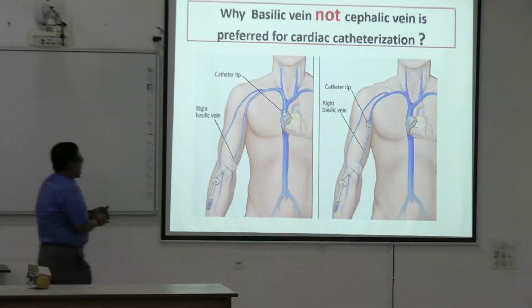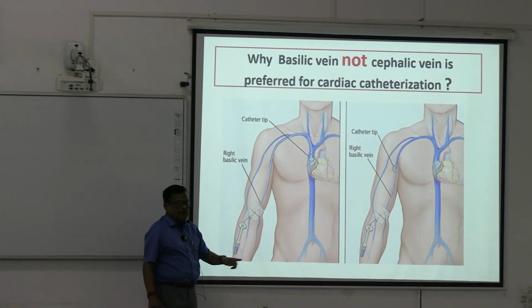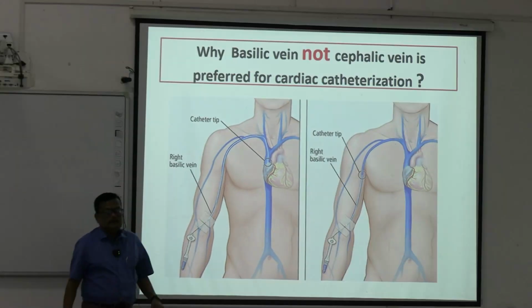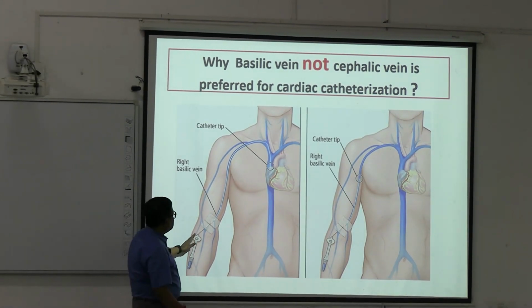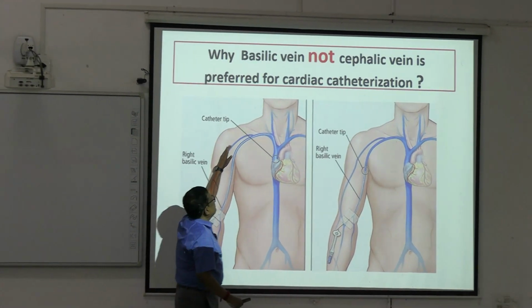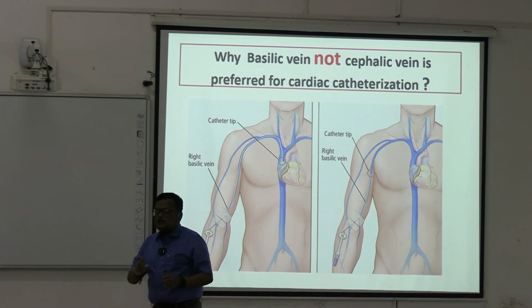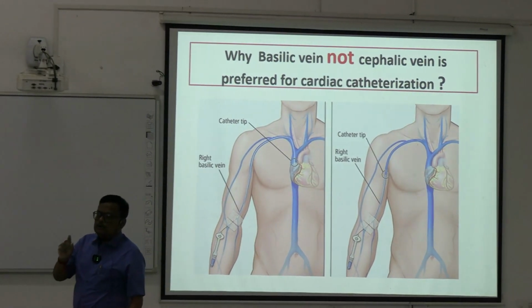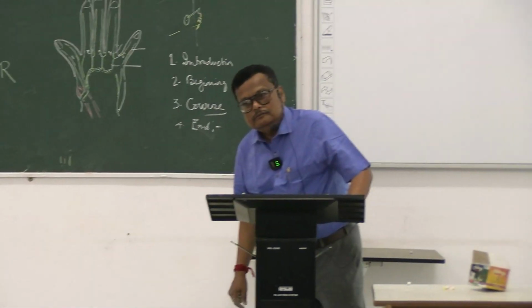But we don't prefer the cephalic vein, we prefer the basilic vein. Why? Because if you introduce a catheter here, there is an angulation and the wire is very flexible. Sometimes in previous days, the wire was not so flexible.